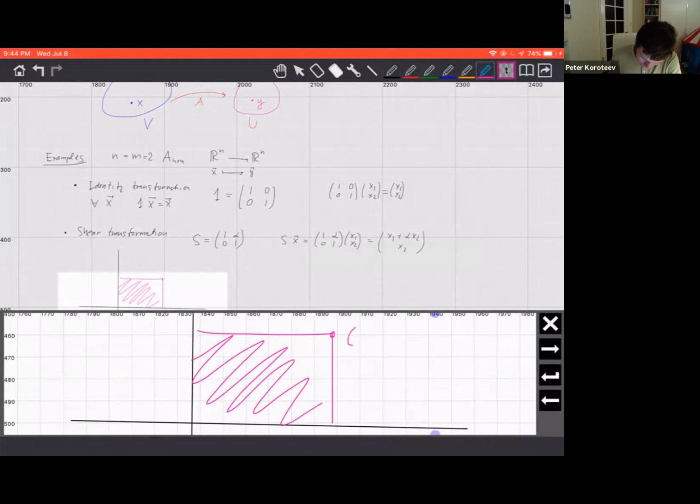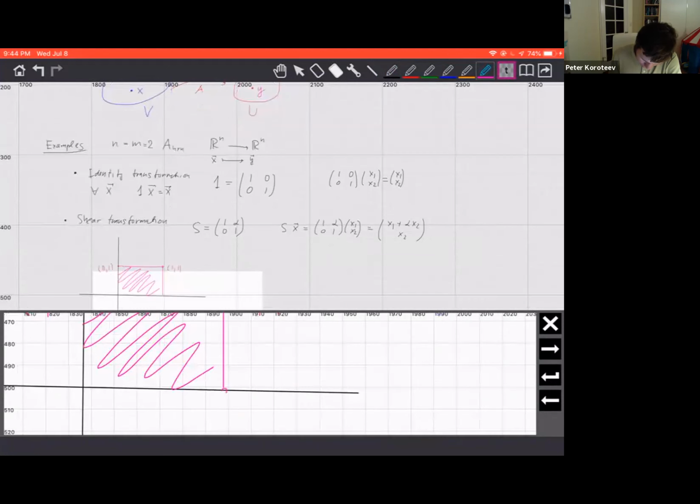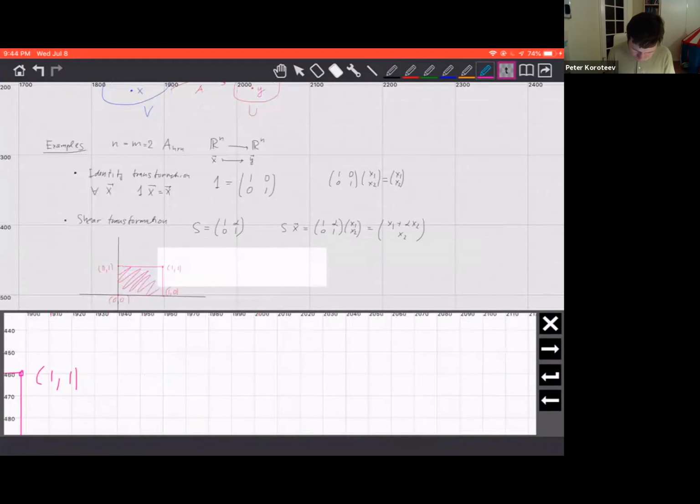So this point was 1, 1. This point was 0, 1. Then 1, 0 and 0, 0. So let's see what happens under this transformation S with the corners of the square.